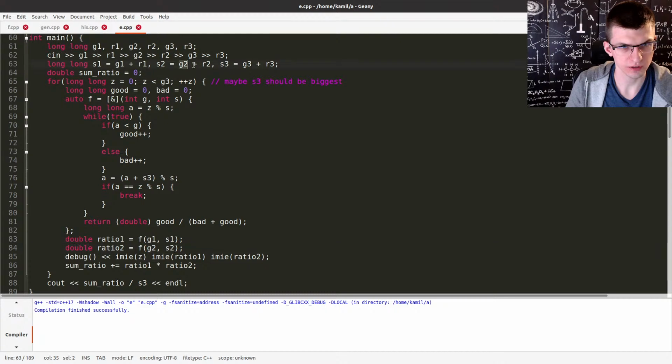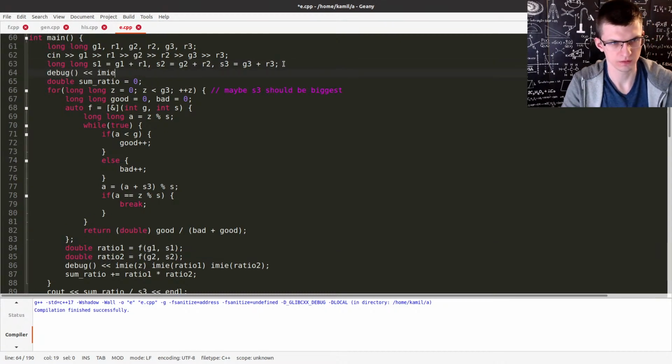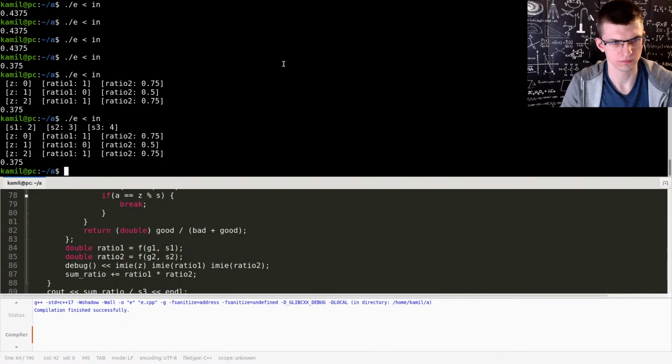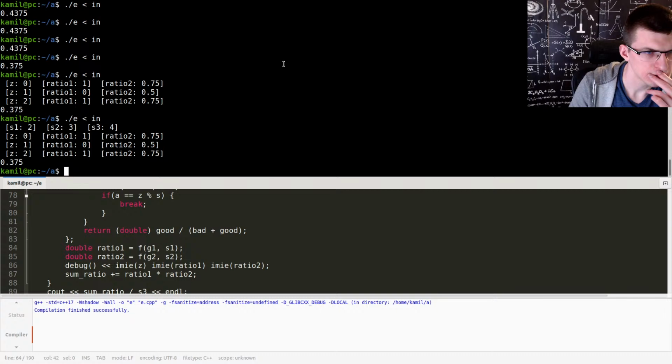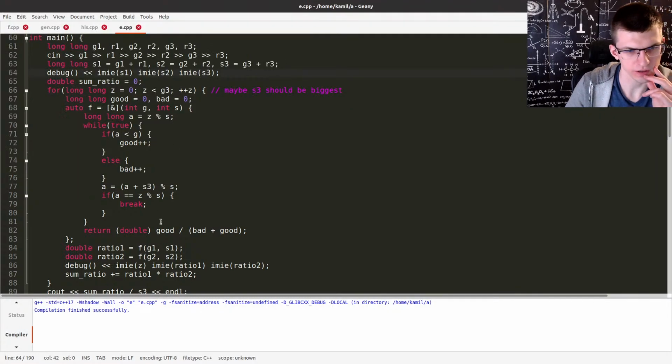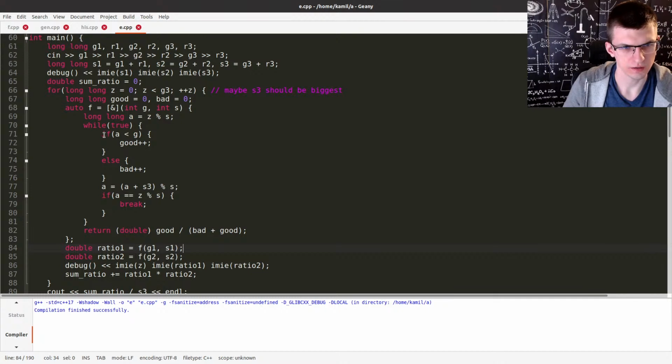Is S2 computed correctly? Two, 3, and 4. All right. What's the good and bad? Let's compute new A. If it's repeated, then break. Otherwise, it's not repeated.